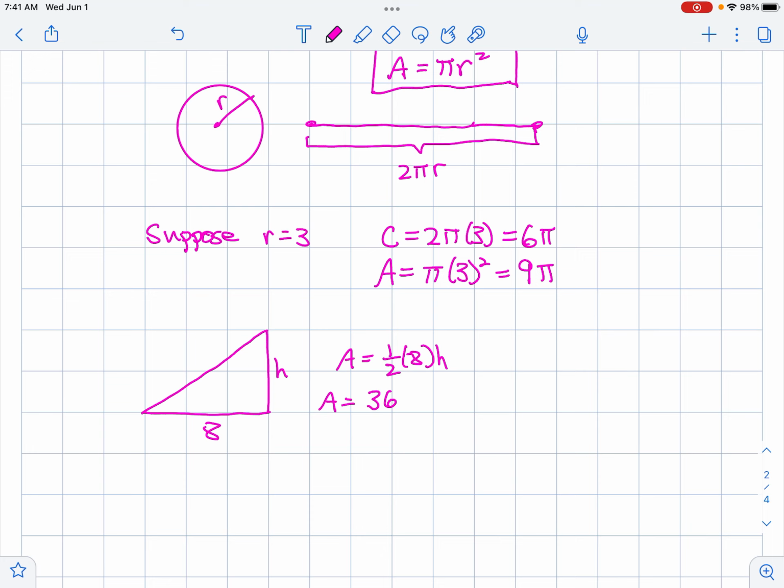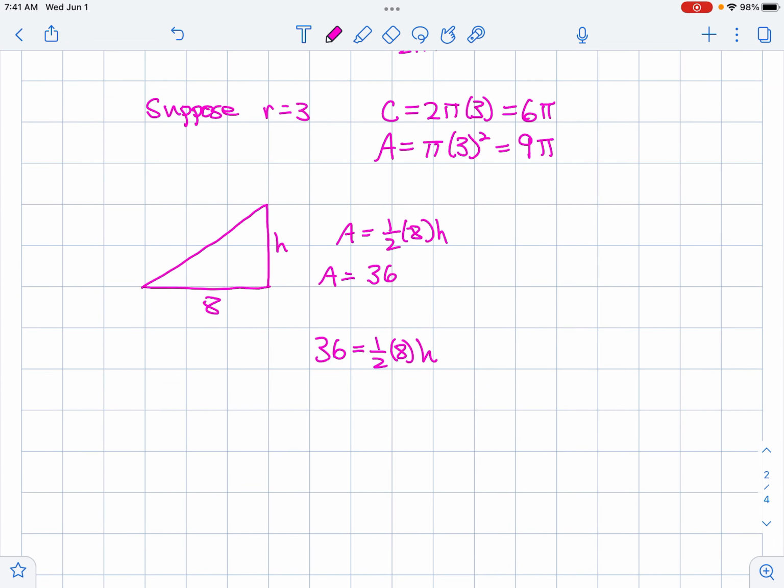So here's what we've got. We've got 36 equals 1/2 of 8 times H. Now that gives us 36 equals 4H. And that gives us H is equal to 36 divided by 4, which is 9.